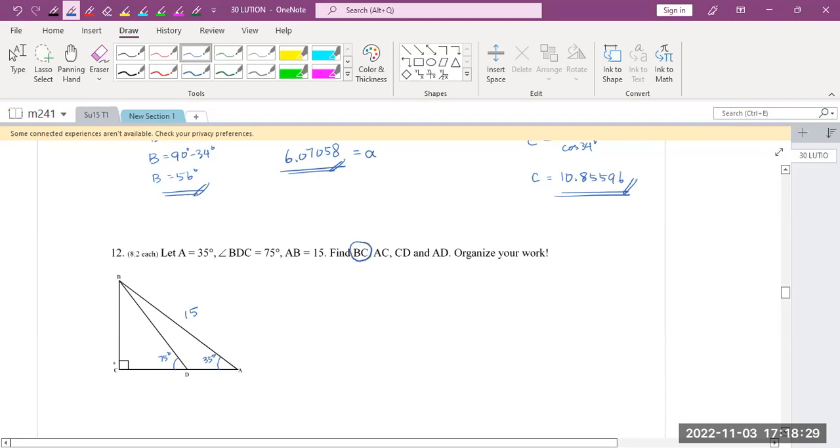This is BC here. Let's call that X. And then find AC. Let's call that Y. Find CD. Let's call that Z. And AD. Let's call that W.